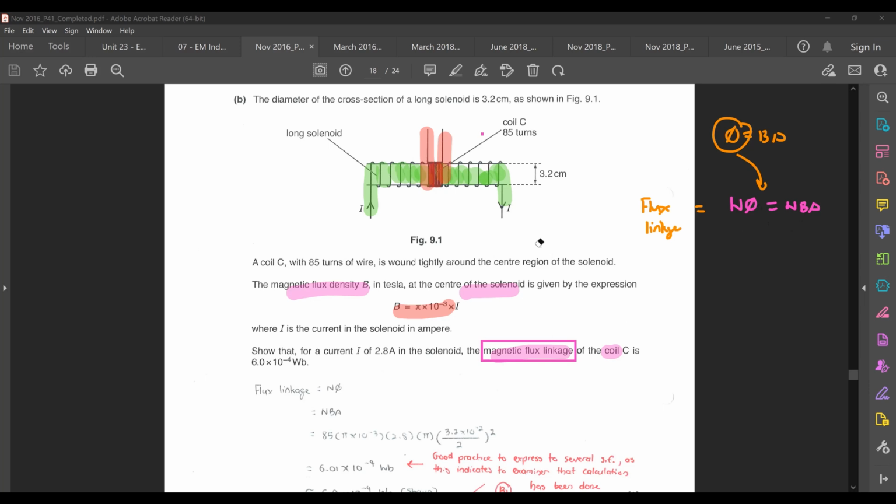Now you want to find flux linkage in coil C. You know for a fact that you could probably use N phi. If you expand out, you get NBA.